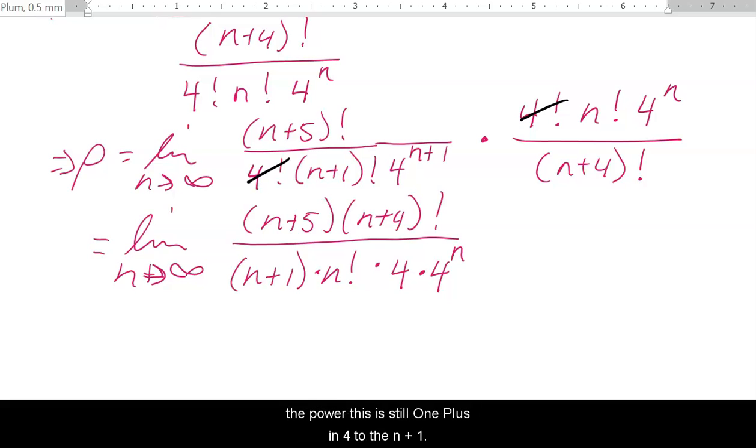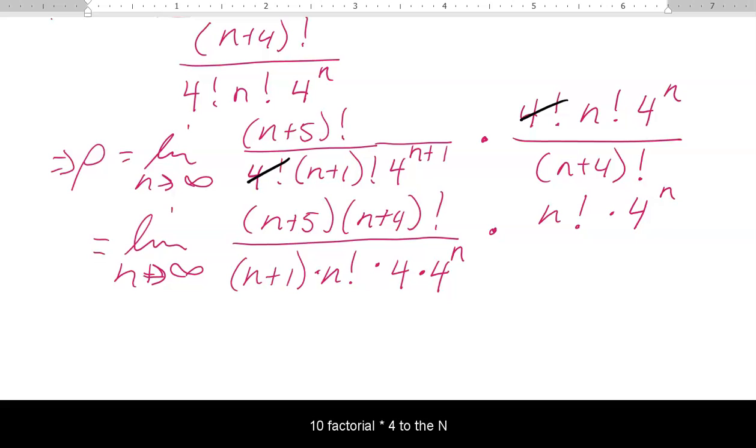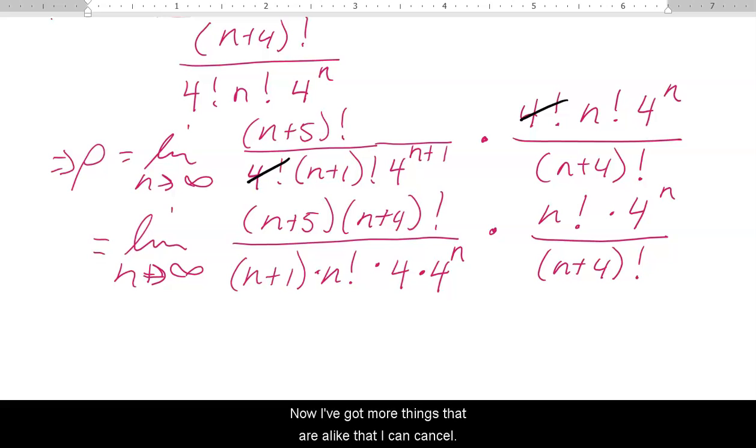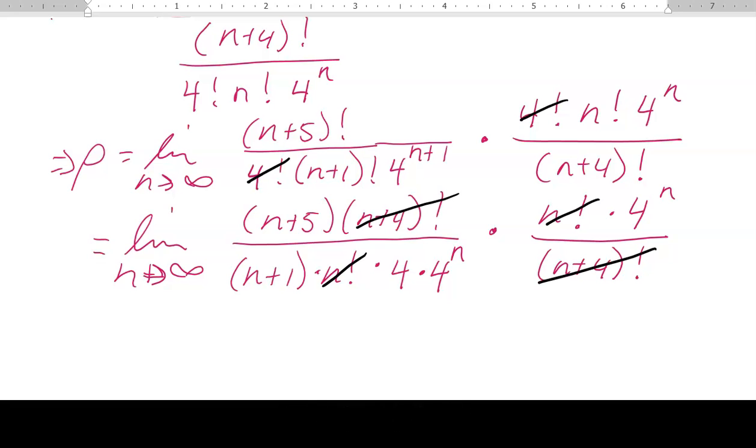This is still 1 plus n, 4 to the n plus 1, times n factorial times 4 to the n divided by n plus 4 quantity factorial. Now I've got more things that are alike that I can cancel. The n plus 4 quantity factorials cancel, the n factorials cancel, the 4 to the n's cancel.